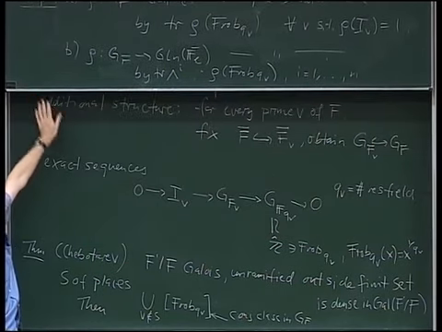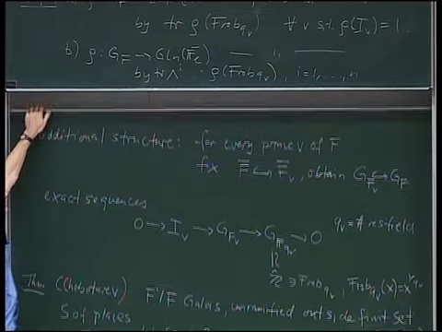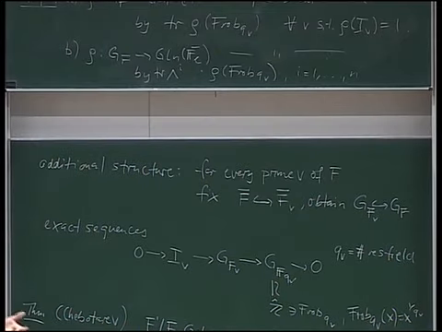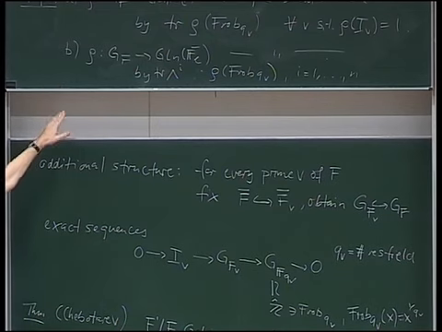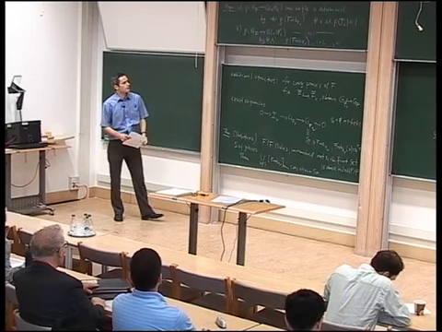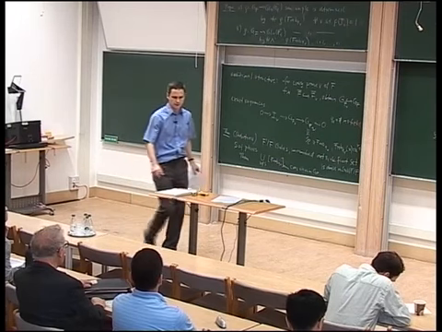So the first result is a combination of some general characteristic zero result about representations plus the Chebotarev density theorem. The second result, I think, is credited to Brauer and Nesbitt for mod L representations.